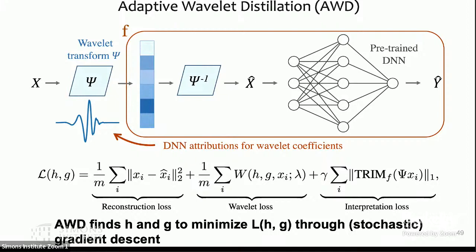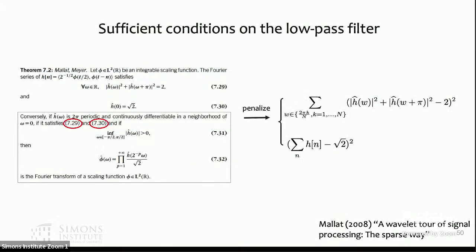Let me unpack the second loss a bit. In any wavelets book, all these high and low pass filters have to satisfy these equations, where you start with a mother wavelet and expand it into these filter banks.